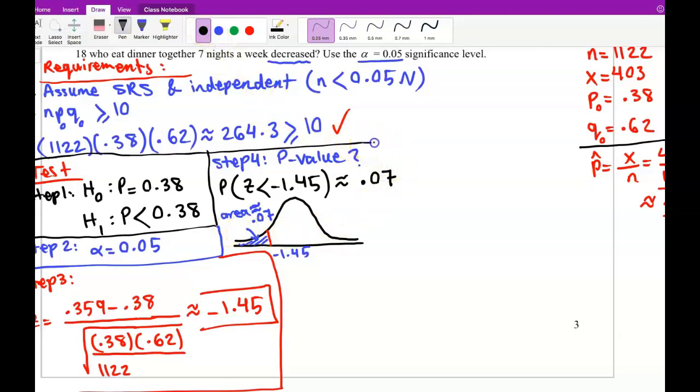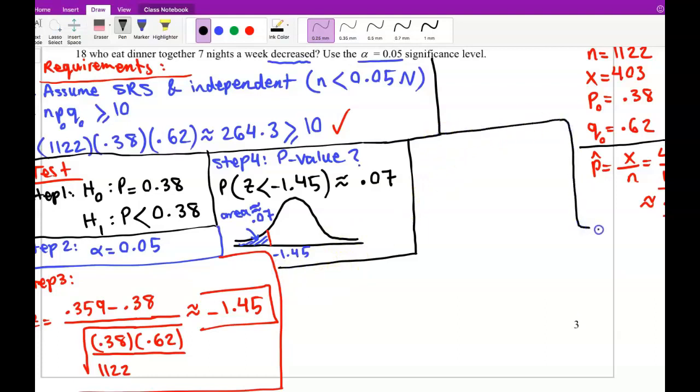Now step 5. We should compare the p-value and alpha.